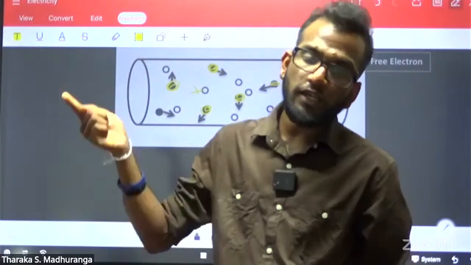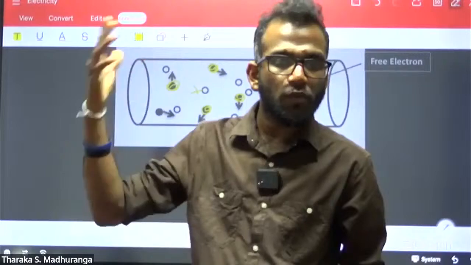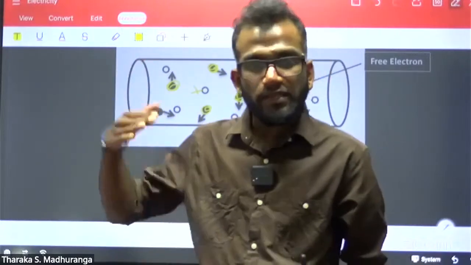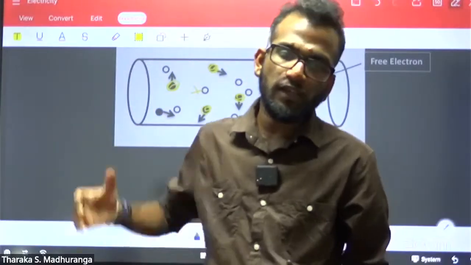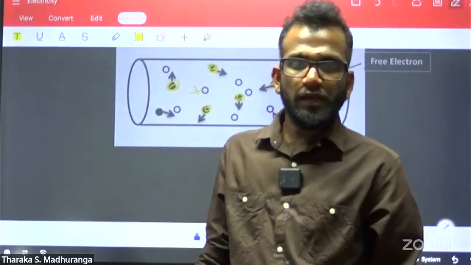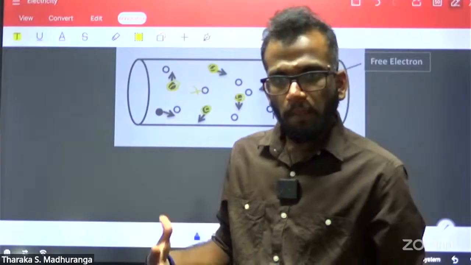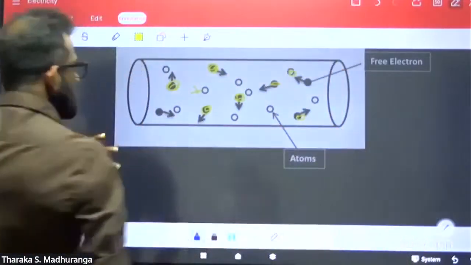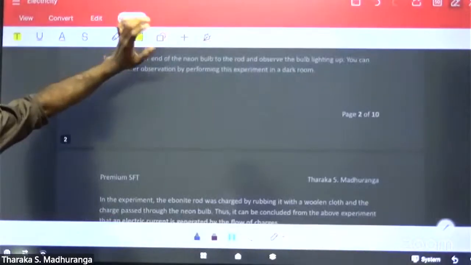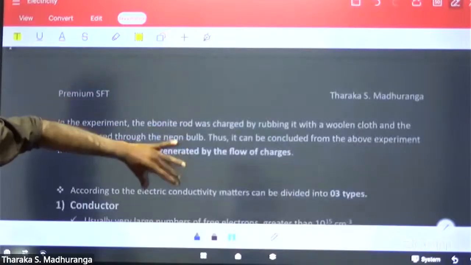The resistance increases because collisions increase. When collisions increase, the barriers increase. When barriers increase, resistance increases, then conductivity decreases. That is resistance, the barrier, the opposition force. Understood?